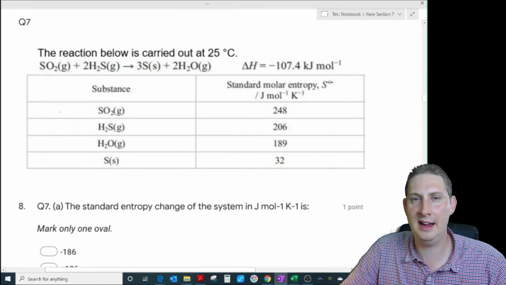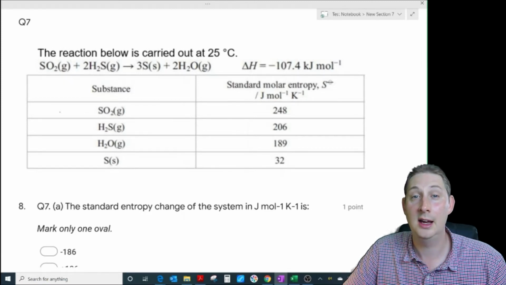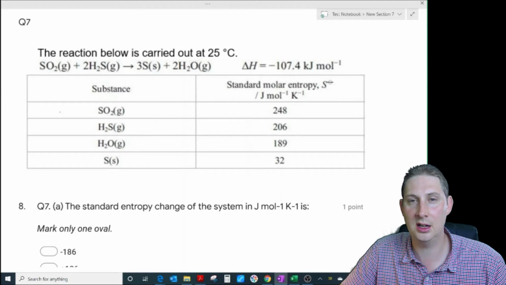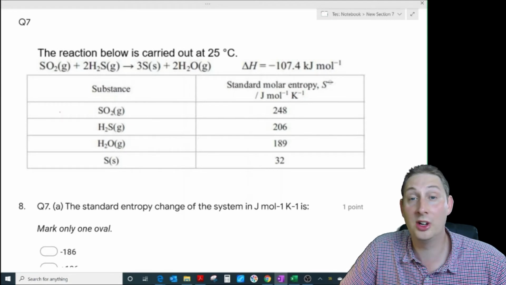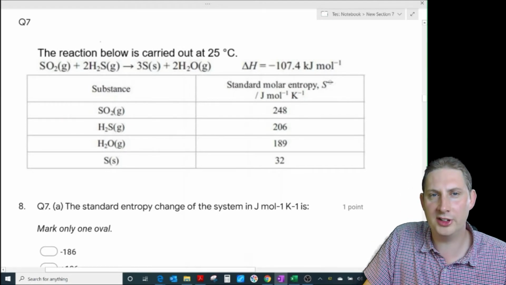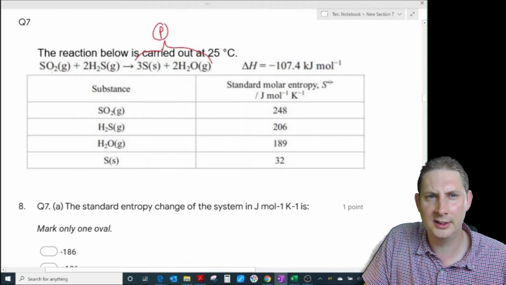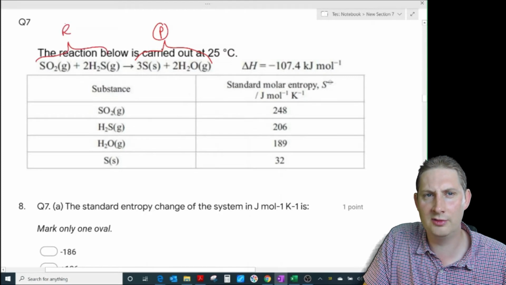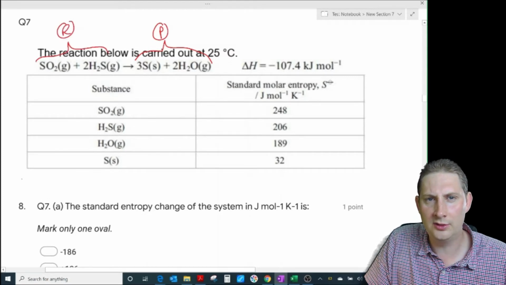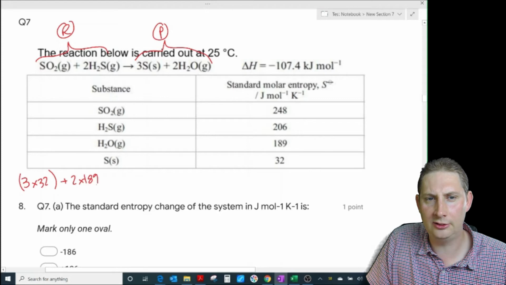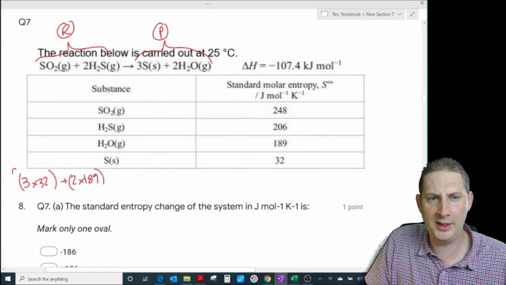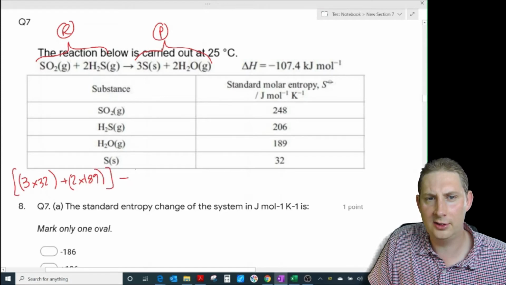The reaction below is carried out at 25 degrees C. The standard entropy change of the system is. Now, if you can't do these, you are stuck, because it is products minus reactants, okay? So all we need to do is add up the entropy of the products and subtract the entropy of the reactants. So we've got 3 times 32, which is sulfur, plus 2 times water, 189, and from that we subtract the reactants.